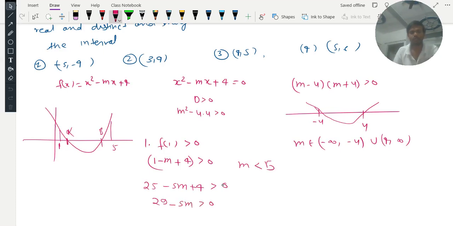When we divide by minus 5, the sign of the inequality changes. This becomes m minus 29 divided by 5 is less than 0, so m is less than 29 divided by 5. So m belongs to 4 to 5. Okay, so the third option is correct.